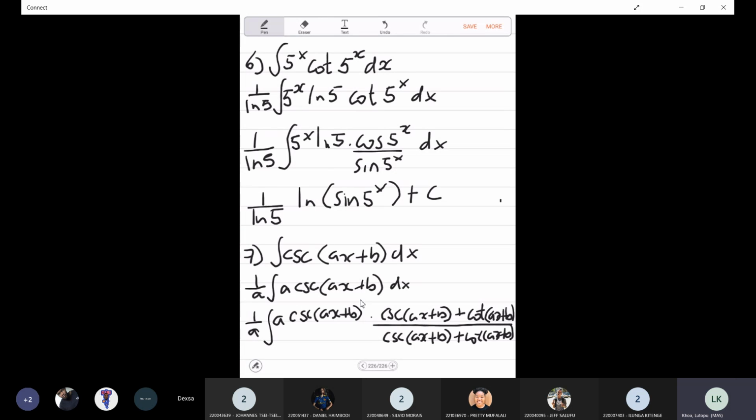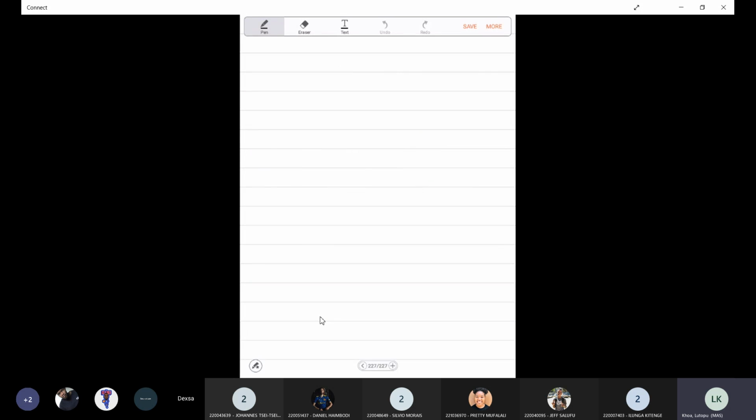This is something we did last semester, so you should remember this, and this is all with respect to x. This fraction is equal to 1, so if I multiply by it, I haven't changed anything. Then if you multiply out, what you get is 1 over a.